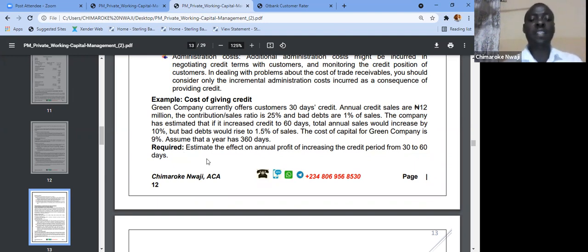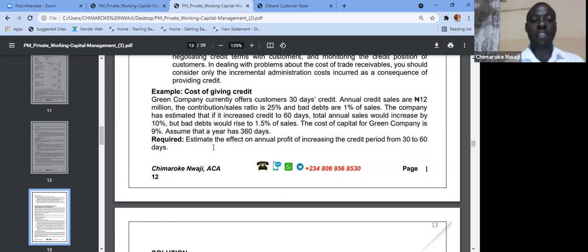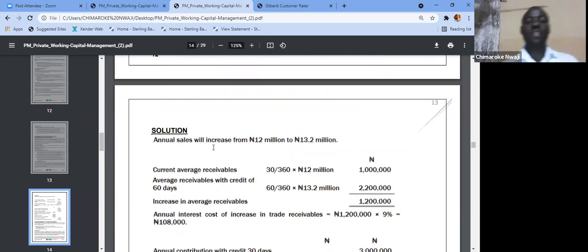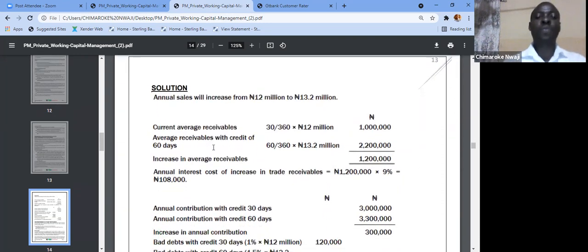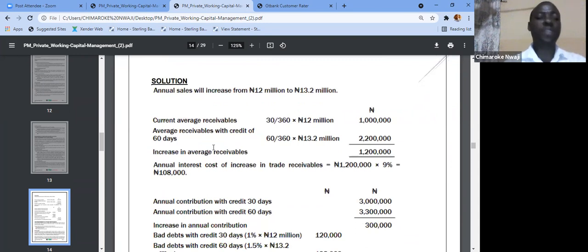Estimate the effect on the annual profits of increasing the credit period from 30 days to 60 days. So what is the effect of changing the credit terms? You are giving them 30 days before, but you have now made them to pay in 60 days. What is the effect? Now let's see the effect of the increase.